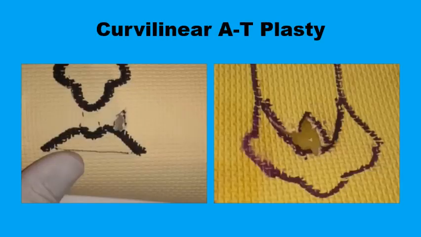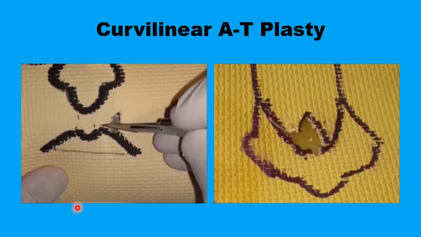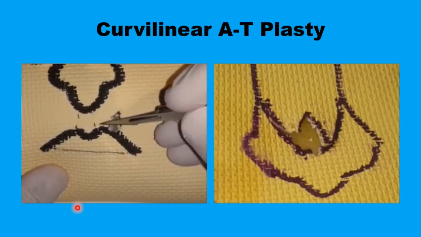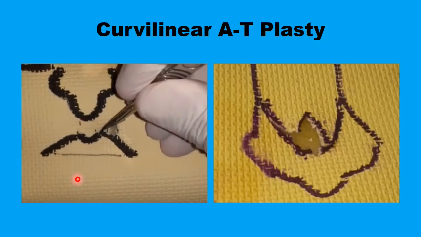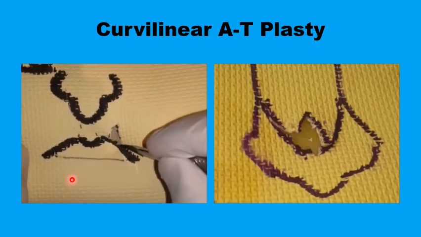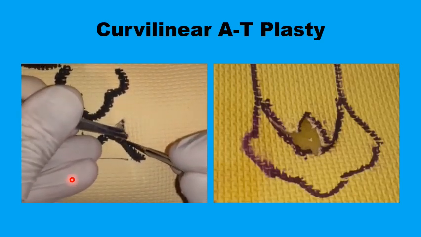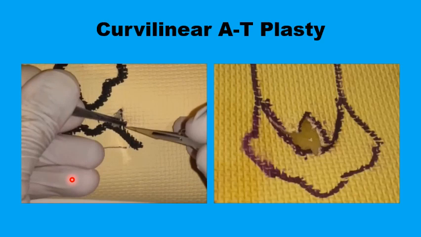The horizontal bar of the T does not always have to be a straight line. It can be convex upwards like in the first example, or concave like in the second. In the first example, this is a triangular defect just adjacent to the upper lip, and the flaps will be created by extending the horizontal line of the T along the upper lip margin.